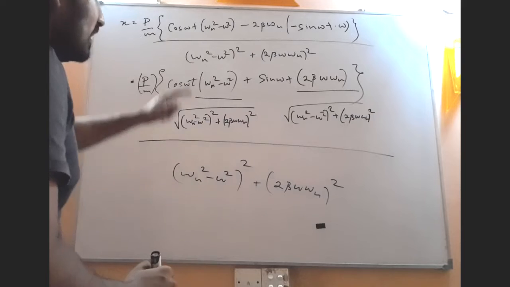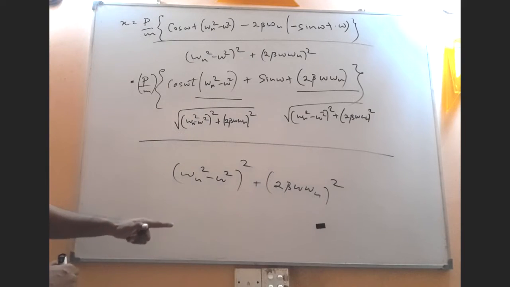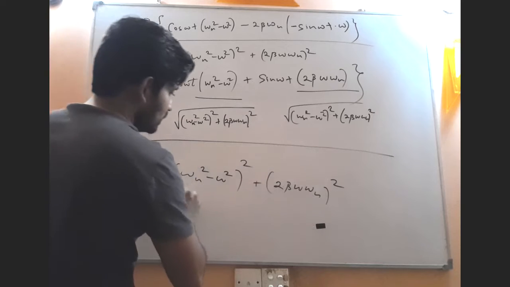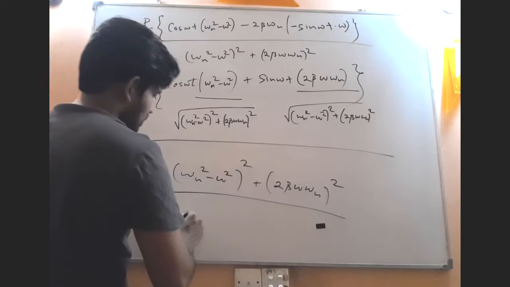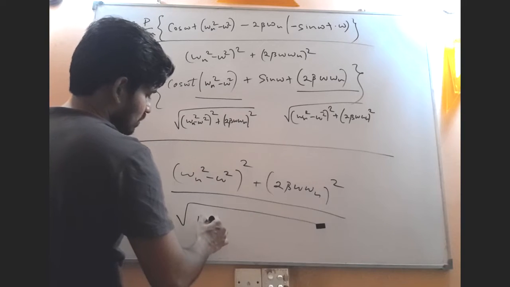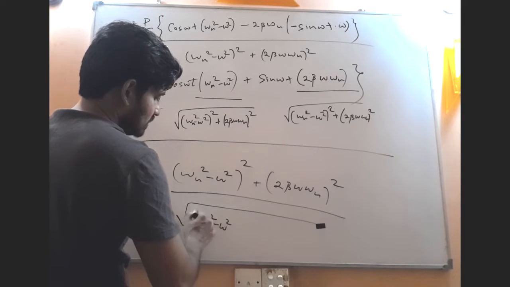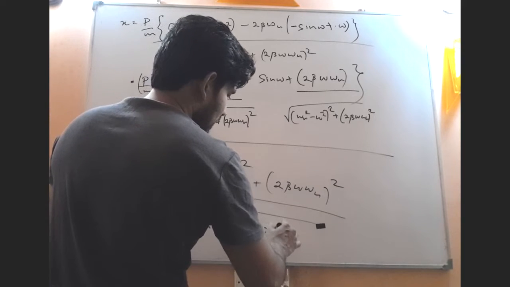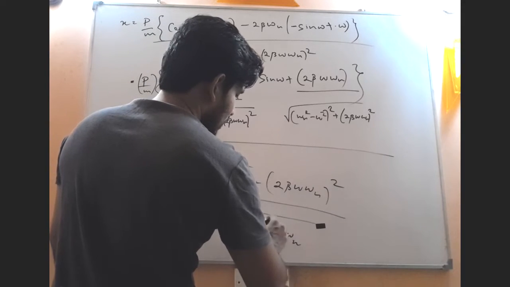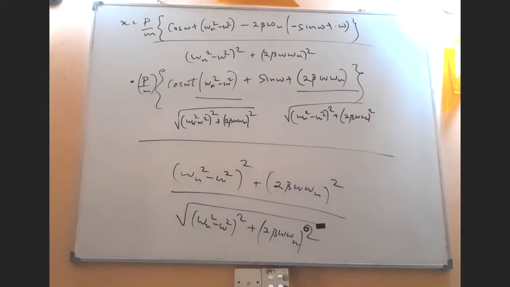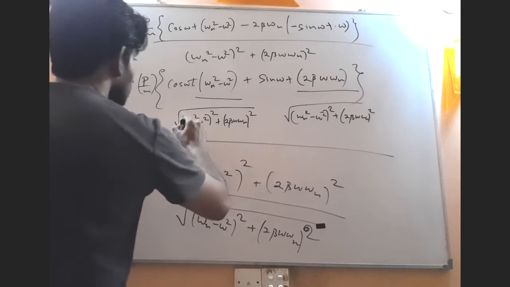So if you divide like that, in order to balance the equation, this ultimate denominator also you have to divide by that, divided by the square root of omega n squared minus omega squared whole thing squared plus 2 beta omega n whole thing squared, right?